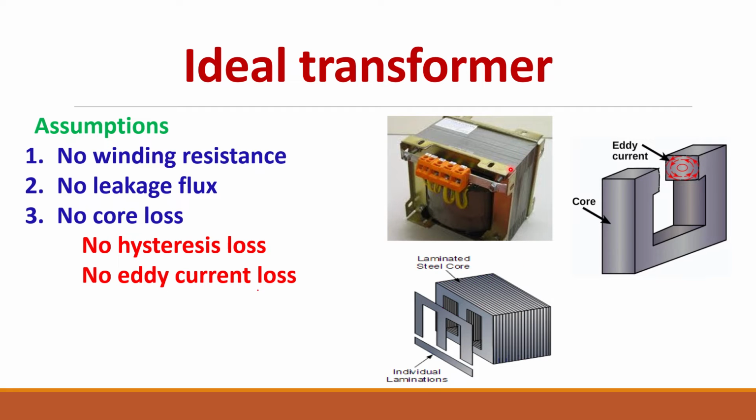That is, instead of a single piece, we use thin laminations to reduce the flow of eddy current. We will see in detail about hysteresis loss and eddy current loss when we study the losses in a transformer. So now our assumption is that there is no core loss. It means that there is no hysteresis loss and no eddy current loss.